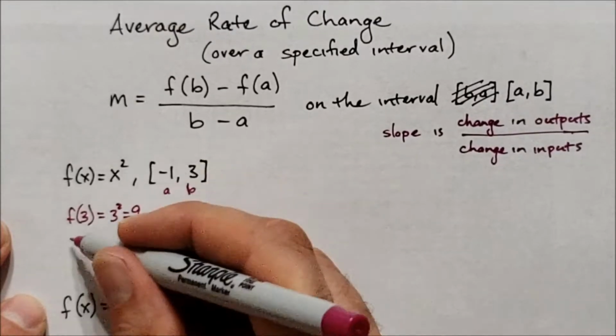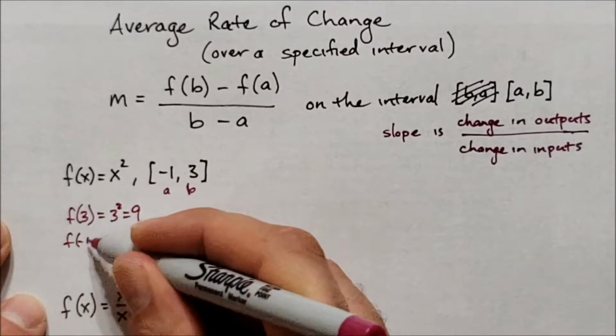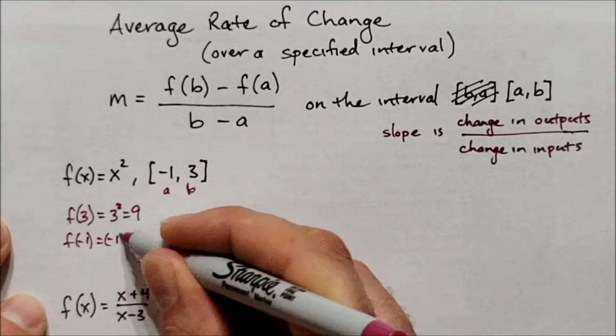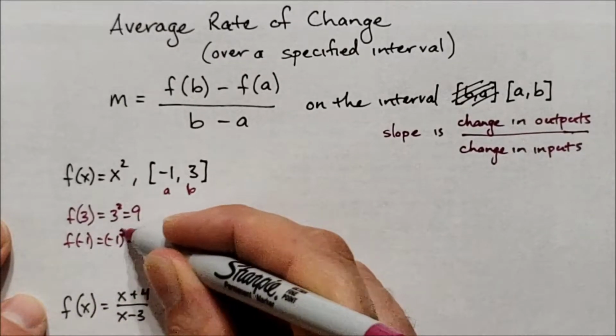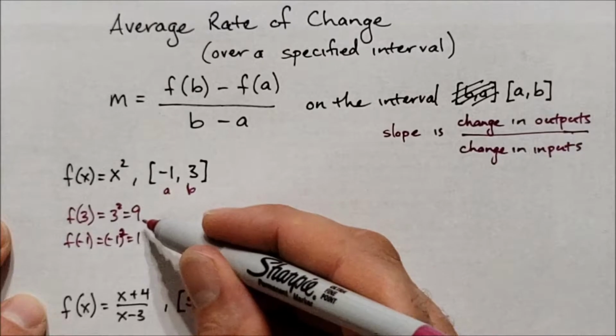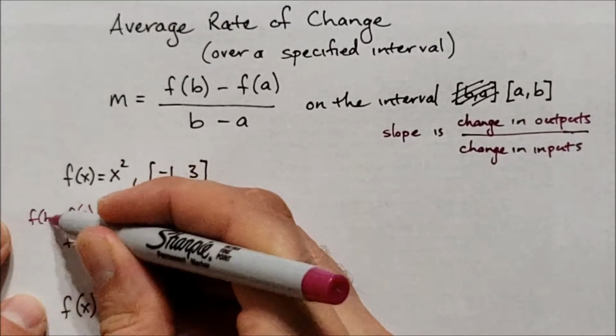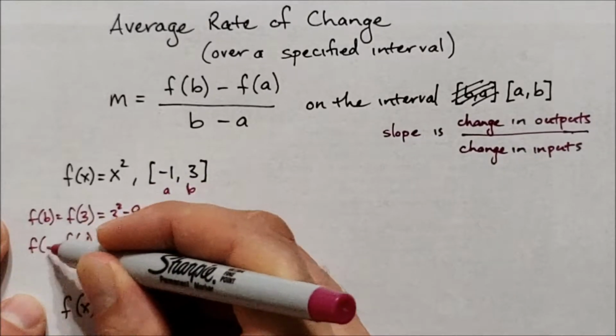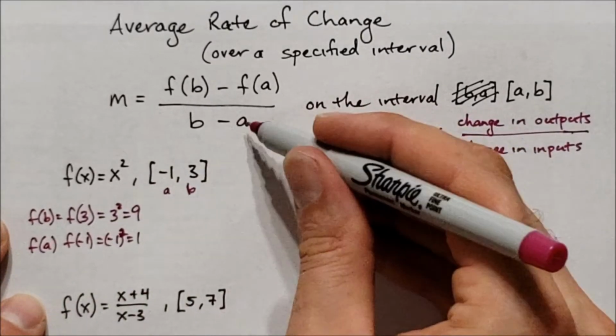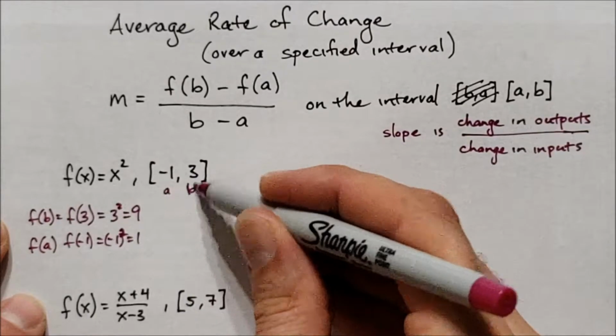We need to find f of a, which is f of -1. Well, that's -1 squared, which is 1. We have found f of b and f of a. We know what b and a are. A is -1, b is 3.